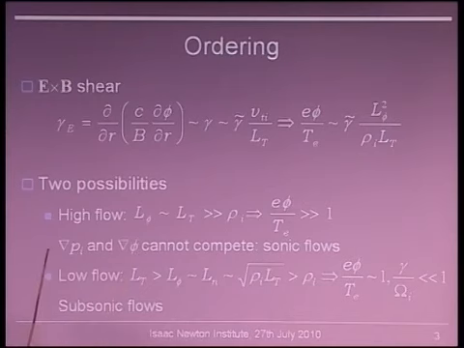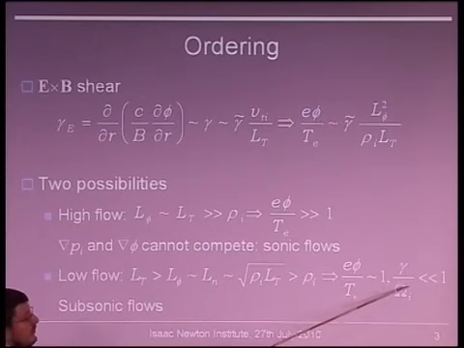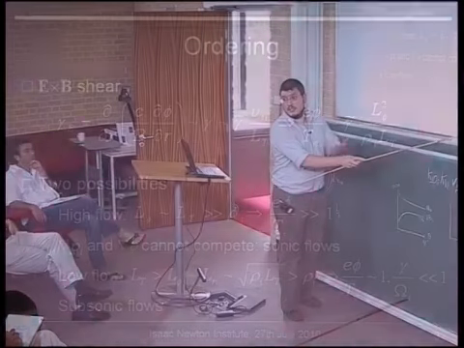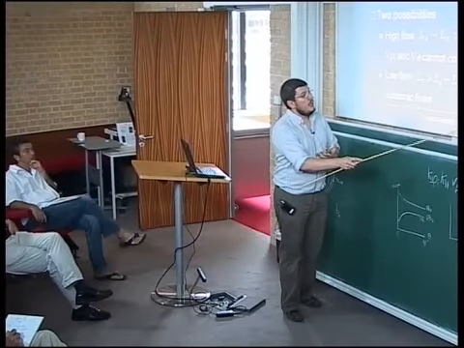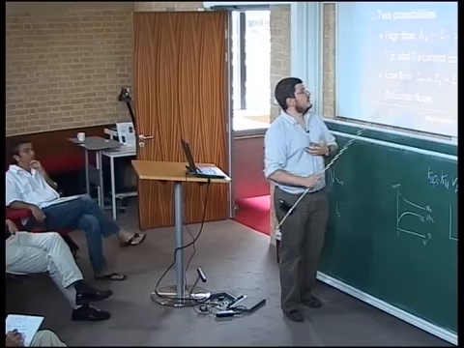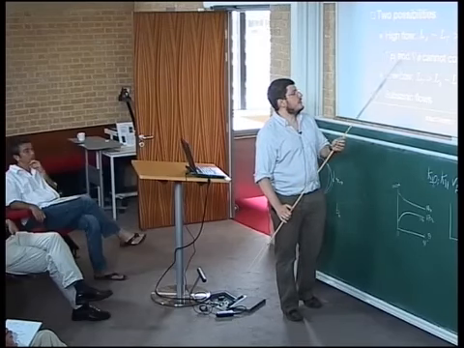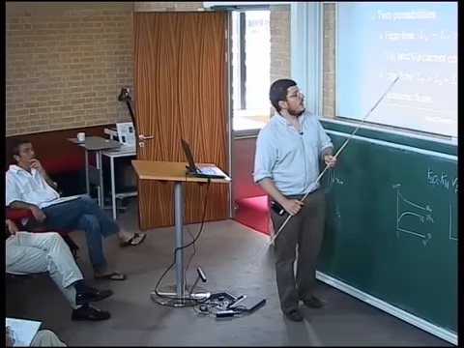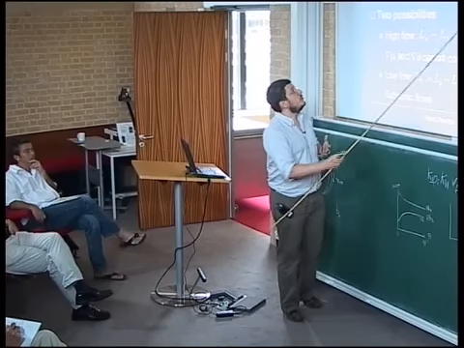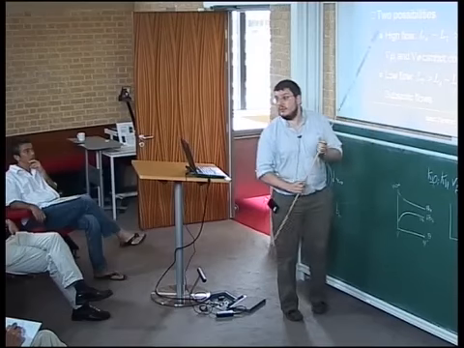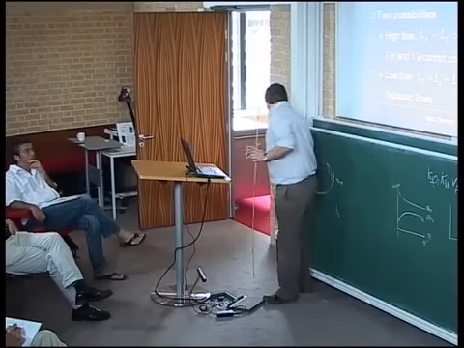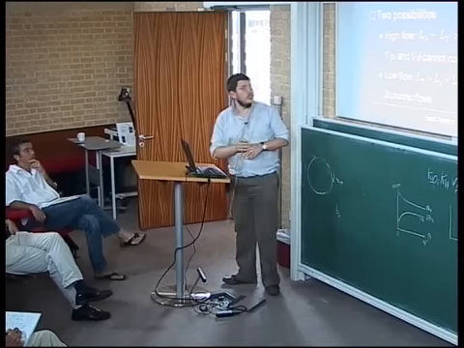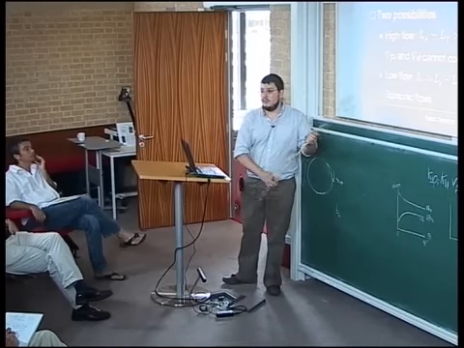If you have an ordering such as this, what you are getting then is that gyrokinetics is possible. You have typical time scales that are below the gyro frequency. You have possible competition between the potential gradient and the pressure gradient, and actually you get suppression of turbulence according to this simplified point of view. So this is actually the approach that I'm going to take. Any questions so far?